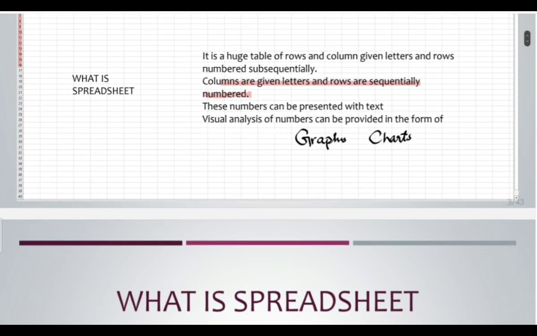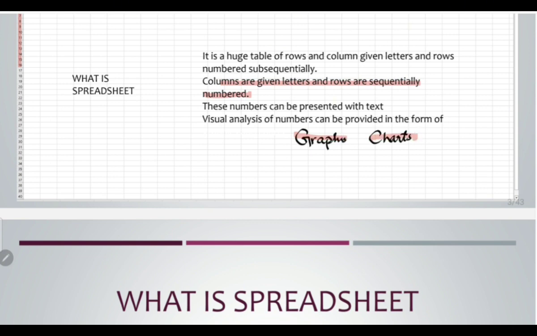These numbers can be presented with text. ये cell है, इसमें information numbers के साथ साथ text की सूरत में भी enter की जा सकती है. Visual analysis of numbers can be provided in the form of graph and charts.